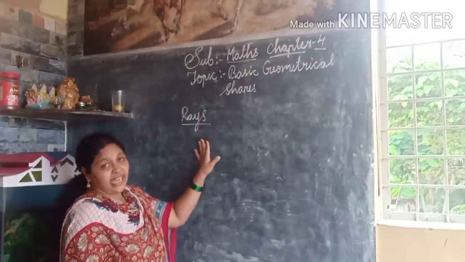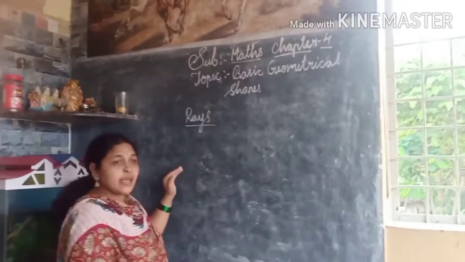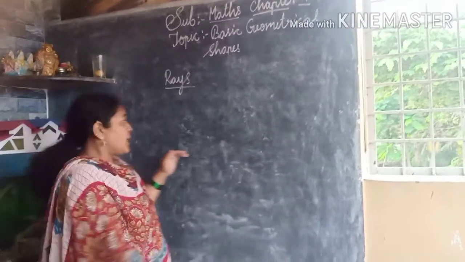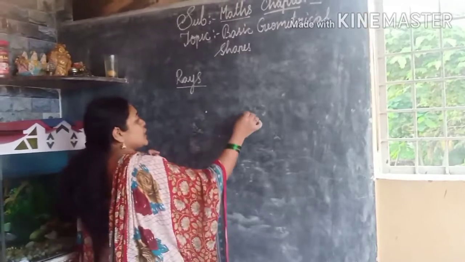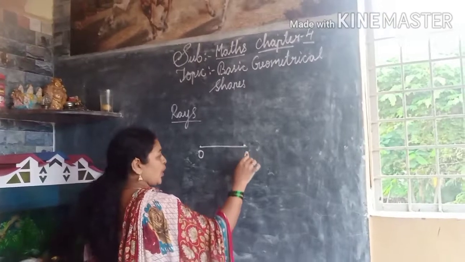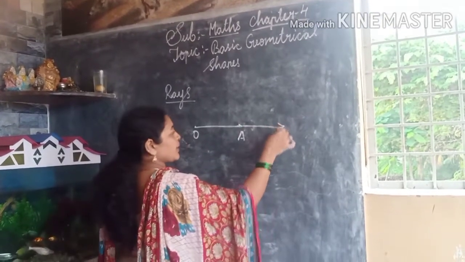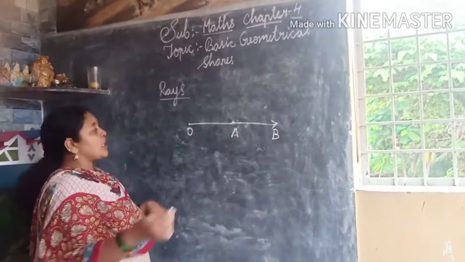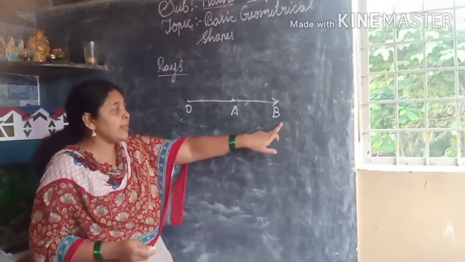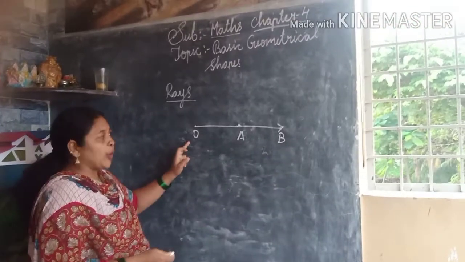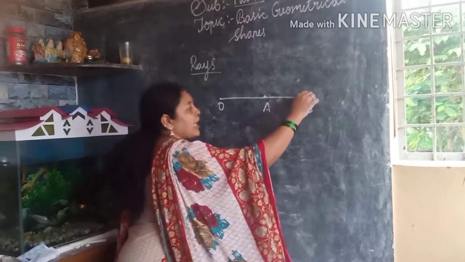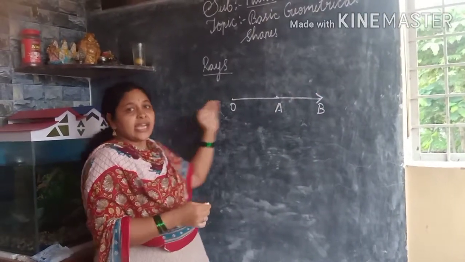Next one is ray. What is a ray? Ray is a part of a line. If you take an example of O to A and to B. See, now the ray starts from O, it moves towards A and ends up with B. That is, it starts from a point and moves towards a direction, and this arrow shows the direction.